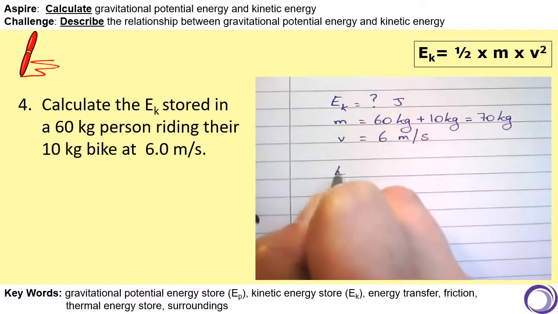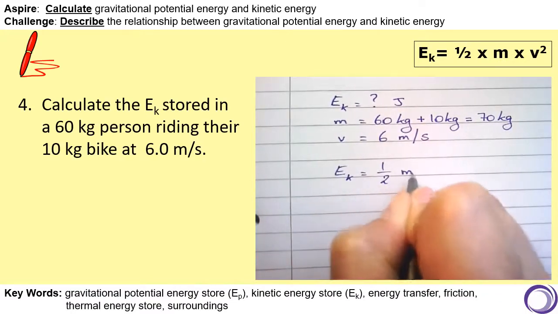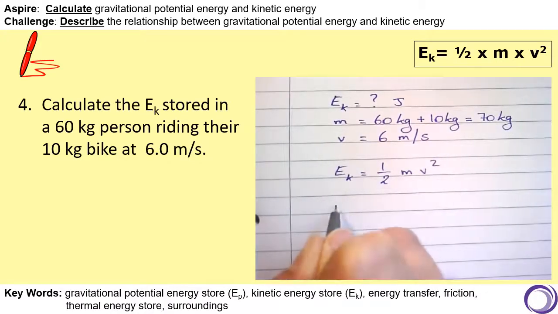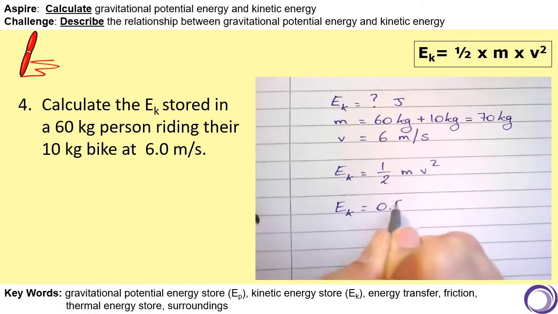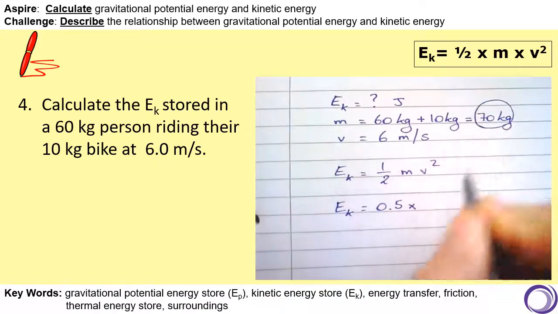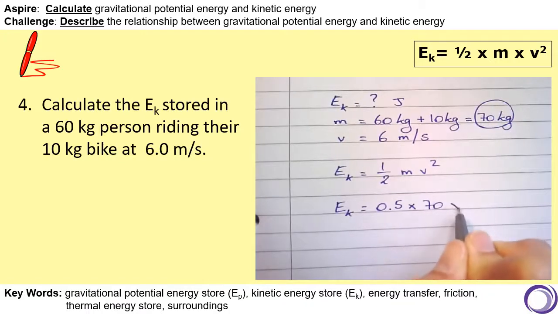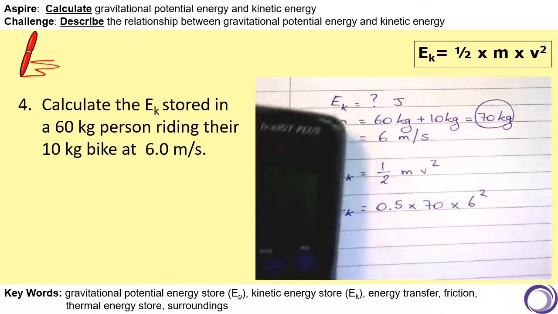So now let's write the equation. EK equals half times mass times velocity squared. We'll substitute in the numbers. EK equals 0.5 times the total mass, which is 70, times the velocity, which is 6, and don't forget to square it. Let's get your calculators out.